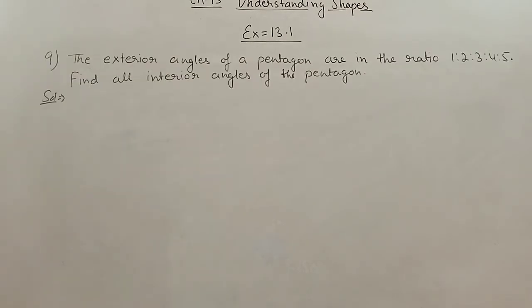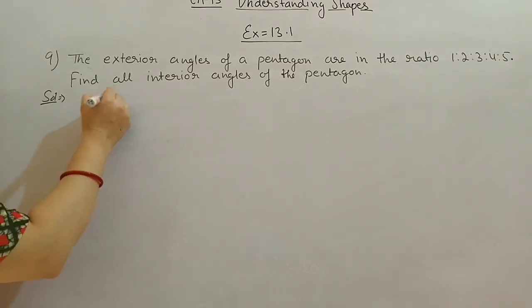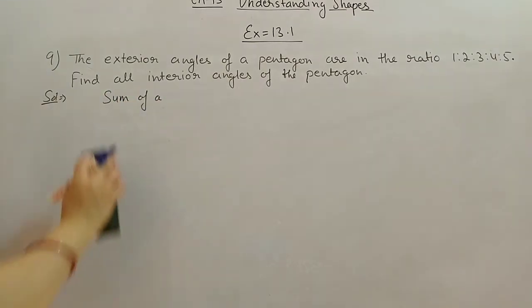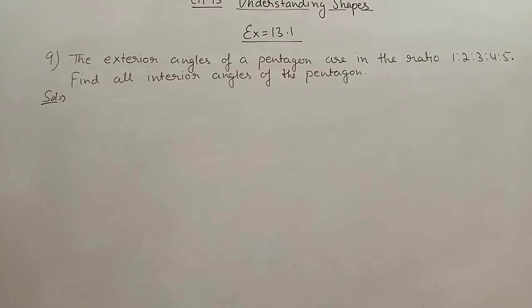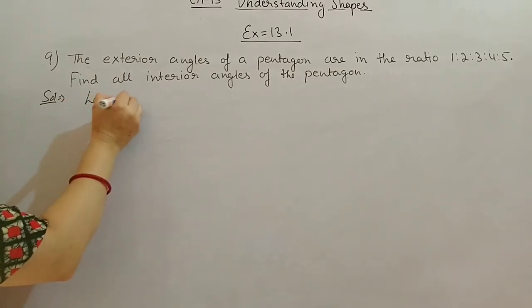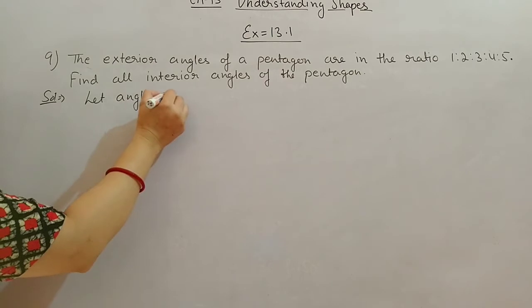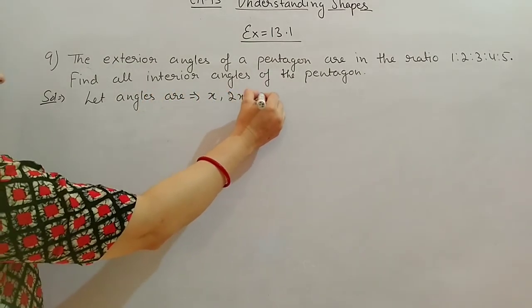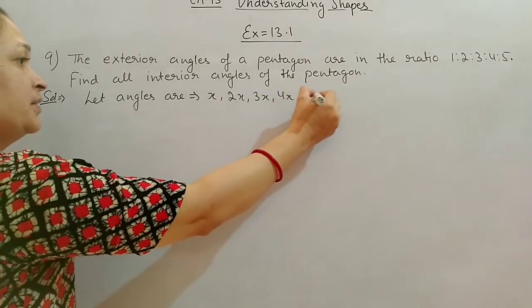Next question number 9. The exterior angles of a pentagon are in the ratio 1 is to 2 is to 3 is to 4 is to 5. Find all interior angles of the pentagon. So we will use here exterior angles property, the sum of all exterior angles. First of all we have to take, let the angles be x, 2x, 3x, 4x and 5x.